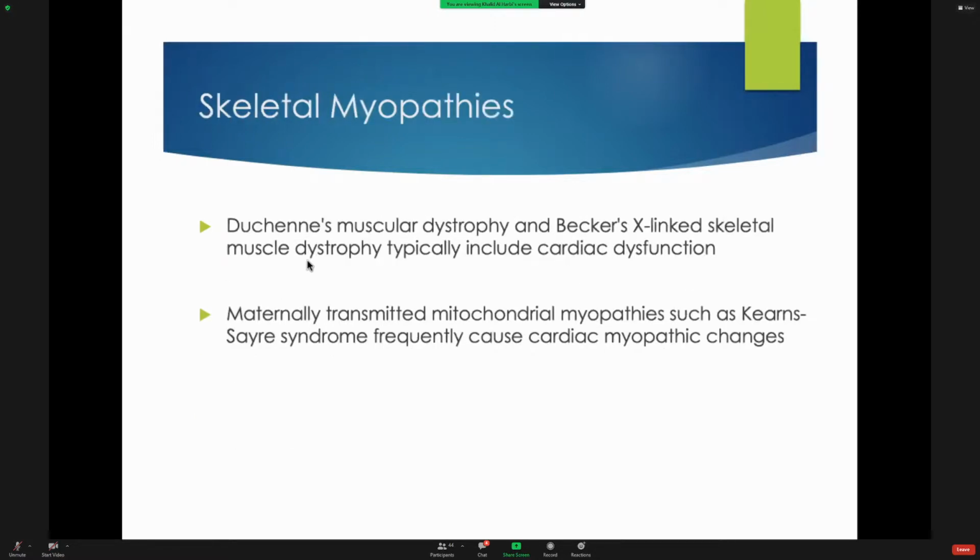Some skeletal myopathies, like Duchenne muscular dystrophy and Becker X-linked skeletal muscular dystrophy, will lead to cardiomyopathy, because the myocardium is a muscle and it will be involved.